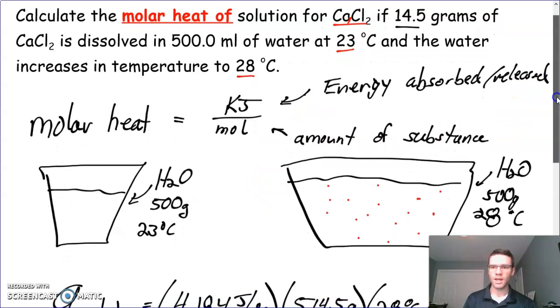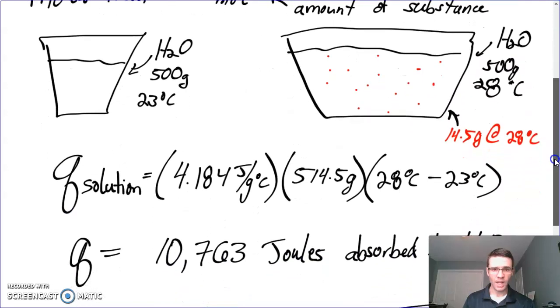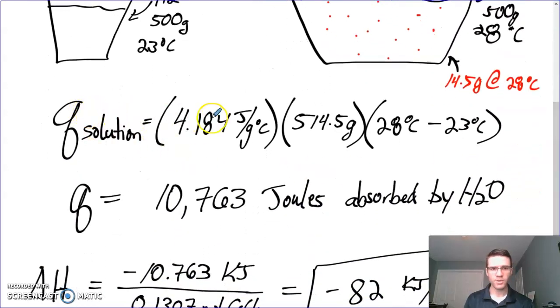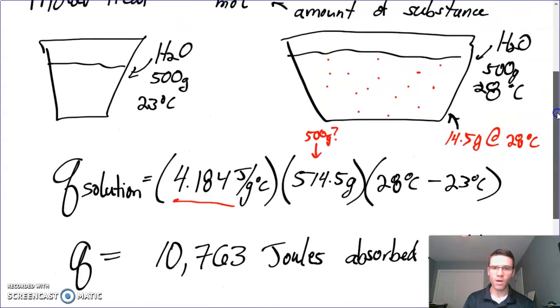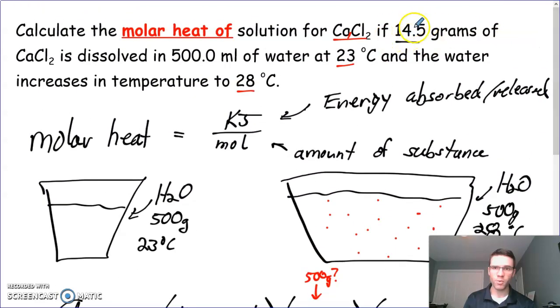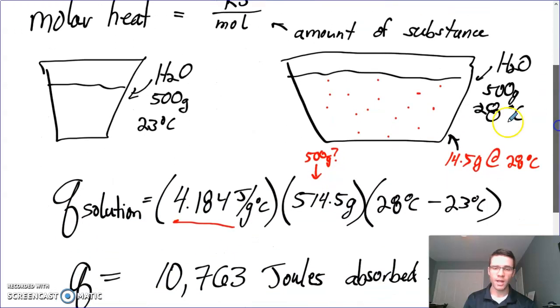The only thing that I really want to point out here, when you do your Q for a solution, how much energy the solution absorbs, we assume that our specific heat capacity is the same as water. But the thing I want to point out, this is not 500. Why is it not 500 grams? Well, in this process, we dissolved a compound, so there's 14.5 grams added to the solution, and that 14.5 grams has to also heat up.